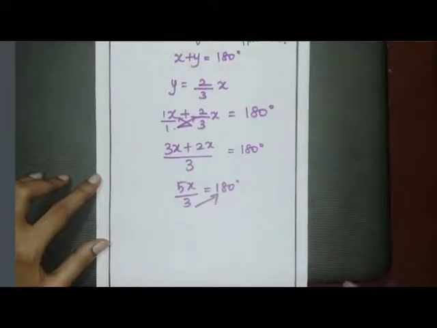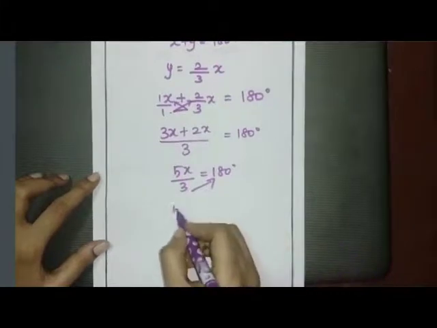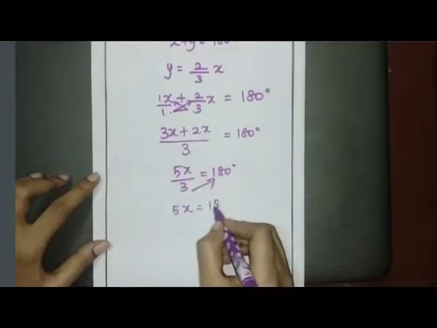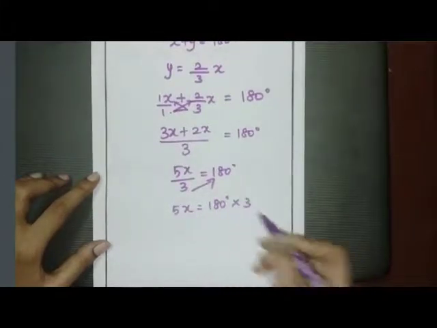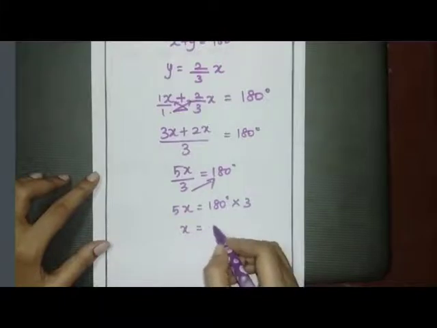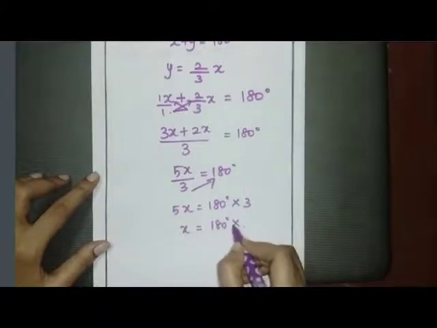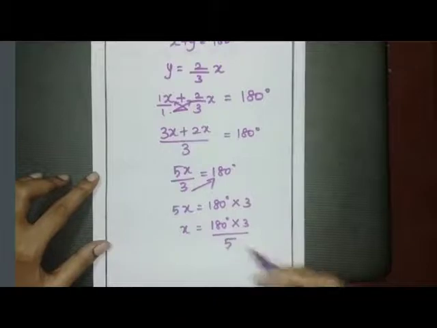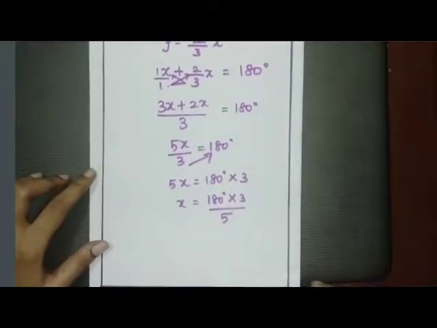Multiply this 3 to the other side. So 5x equal to 180 degrees into 3, and bring this 5 to the other side: 180 degrees into 3 divided by 5. Cancel this 5 and 180.